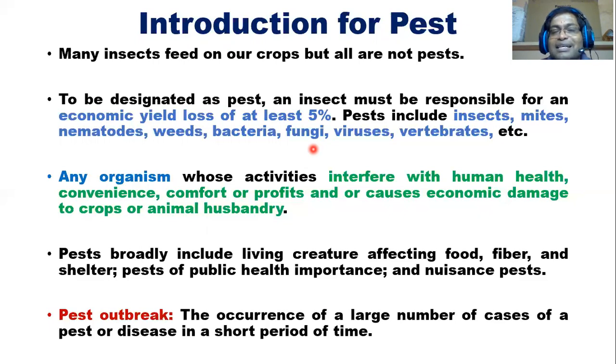I took the insect as an example, but if you are taking pests overall, this is not only insects, but also nematodes, weeds, bacteria or microorganisms, fungi, viruses, and vertebrates, for example elephants, monkeys and rabbits. Any organism, if it is causing more than 5% economic damage to agricultural production, or to the well-being of human beings, we call it a pest.